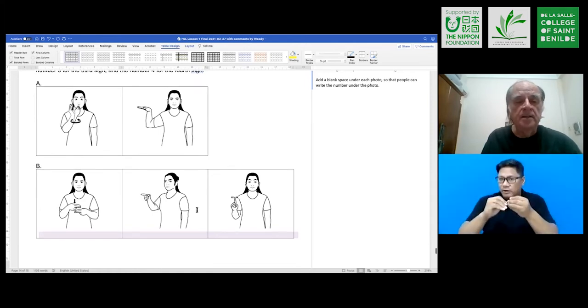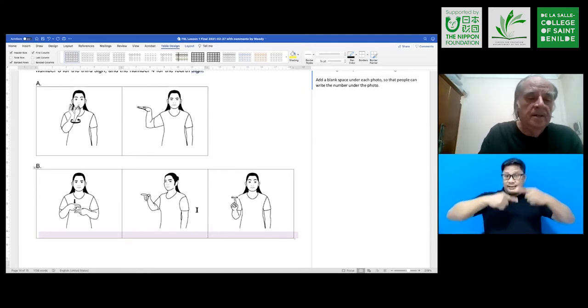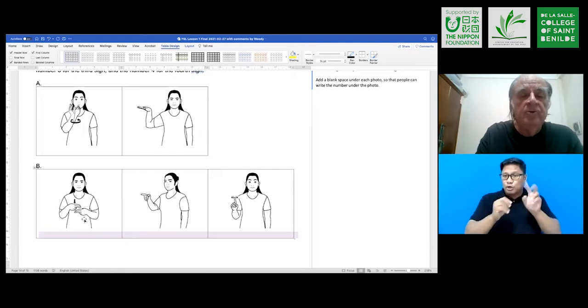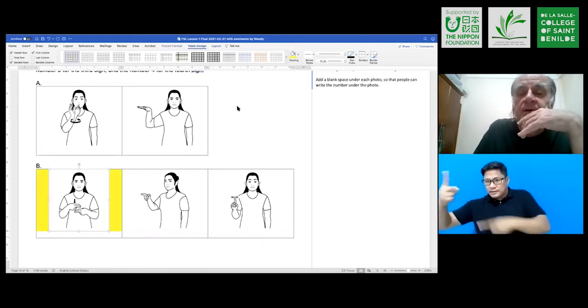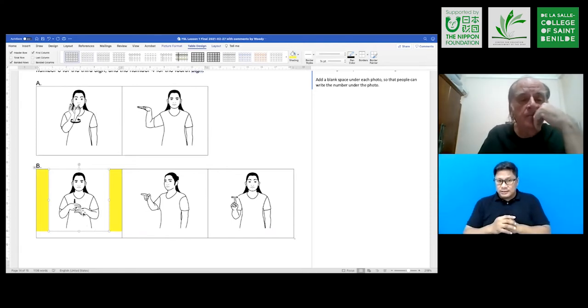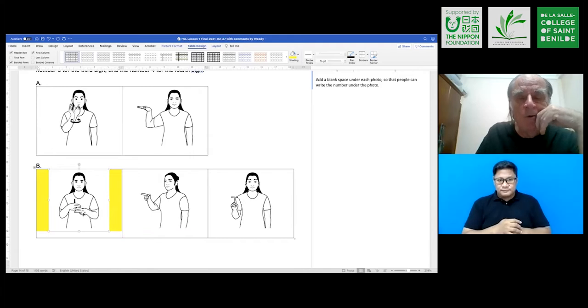And then the next one, the first sign would be number 2, the second sign would be number 1, and the third sign would be number 3. Yeah.